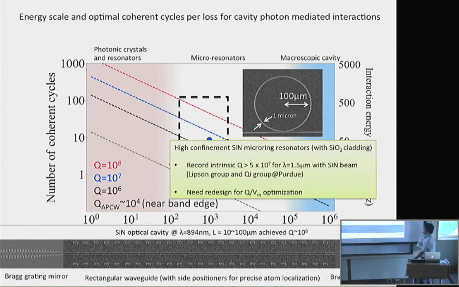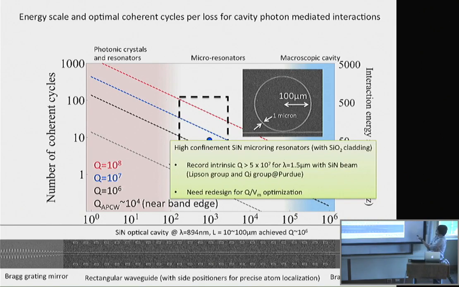Another possibility is that there's now a huge industry trying to make very good silicon microring resonators, mostly for frequency comb generation. The microring resonator is probably the simplest resonator you can expect for this kind of lithographically patterned structure sitting directly on the substrate.